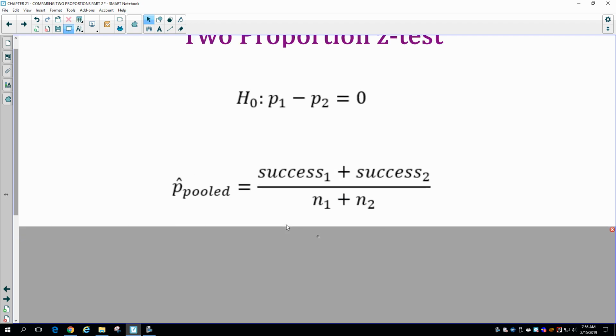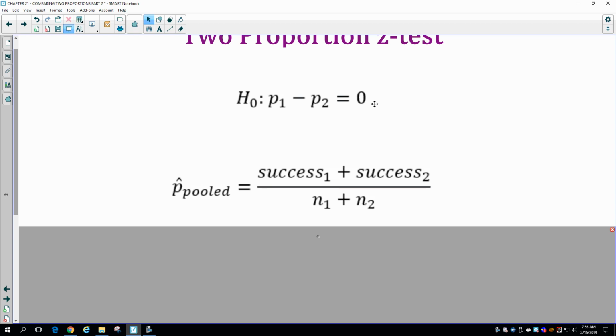We have to calculate p hat, though, in a different way. We need to pool the successes to calculate one p hat, so we're not using two different p hats. Calculating a standard error using two different p hats would contradict our null hypothesis that the two p hats are equal and there's no difference.